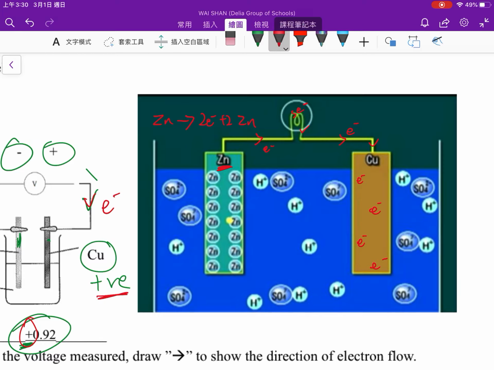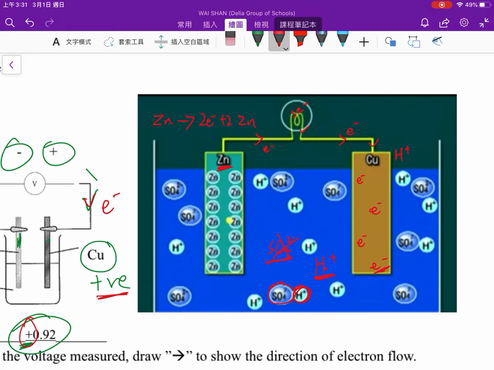And electron is negatively charged. In sulfuric acid, there is hydrogen ion and sulfate ion, which is negatively charged, and hydrogen ion, which is positively charged. Then which one do you think will be attracted by the negatively charged electrons? We know that opposite charges attract each other, right? So it should not be sulfate, it should be hydrogen.